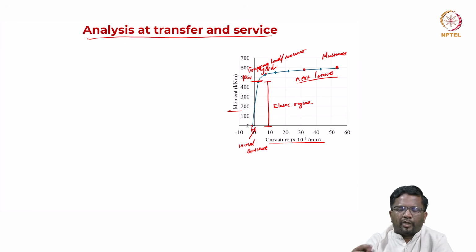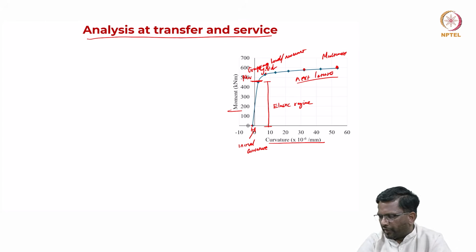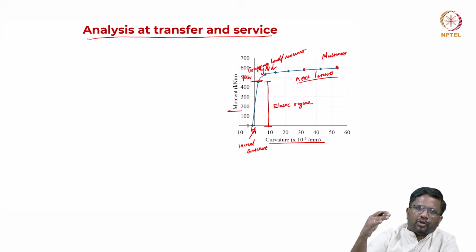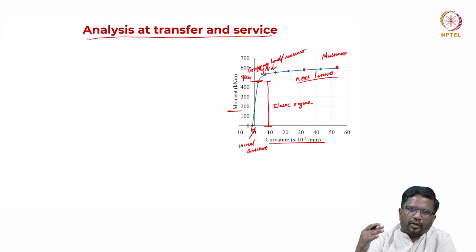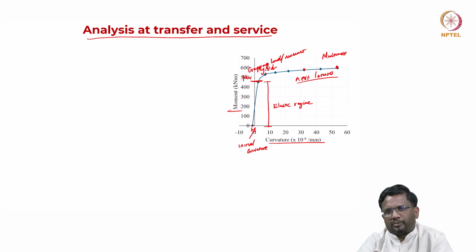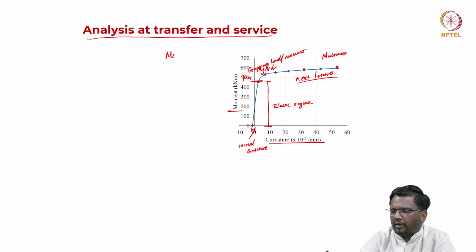Similarly, M cracking and M ultimate is not really that different. Or in other words, the ratio of M cracking to M ultimate will be very close to that of your ultimate. So typically M cracking by M ultimate will be from 0.8 to 1 or so.